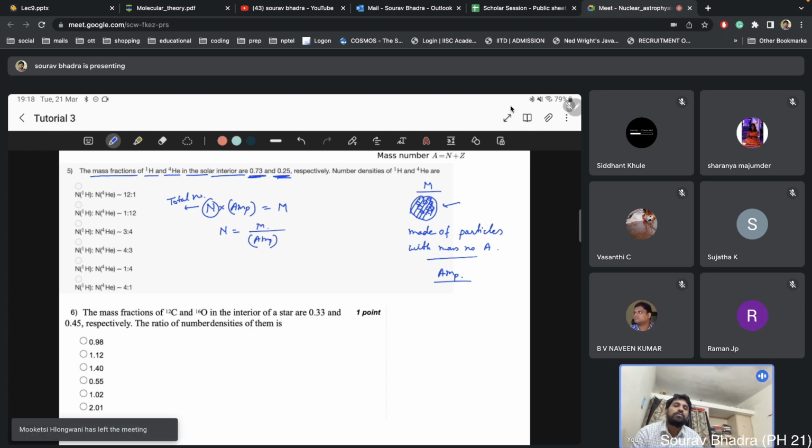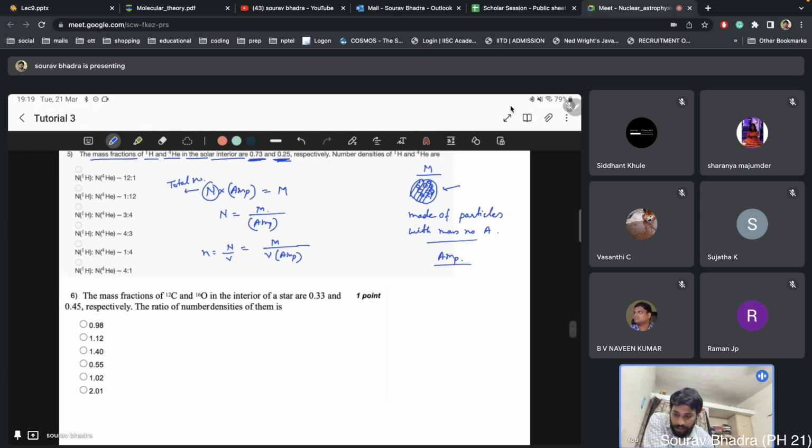Now if you want to convert it into the number density, you just divide it by the volume. So this is the easiest expression. Small n is equal to capital N, the total number, divided by the total volume, that is the number density.